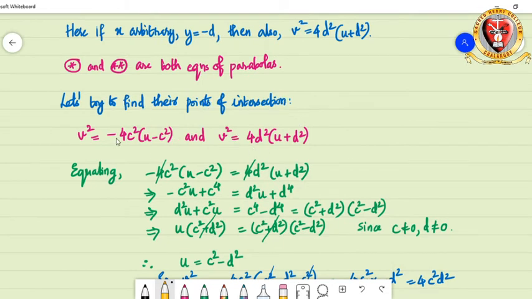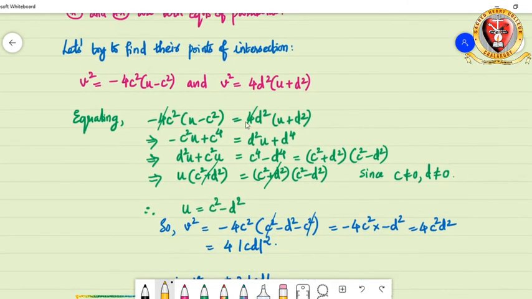So you have the two equations here and you're going to equate them, and equating you get u into c square plus d square is equal to c square plus d square into c square minus d square. These are all very simple evaluations.